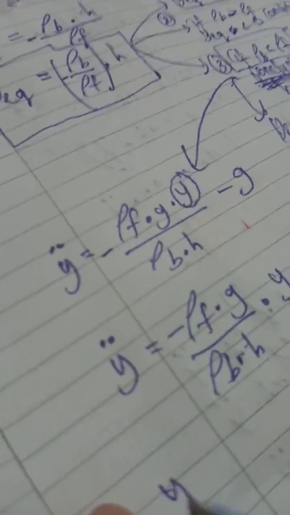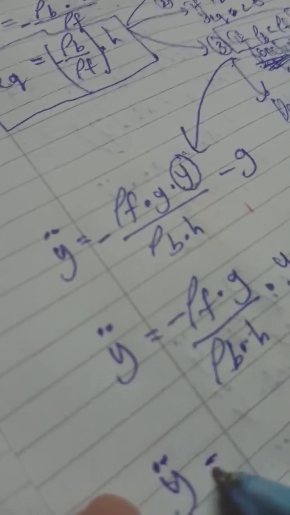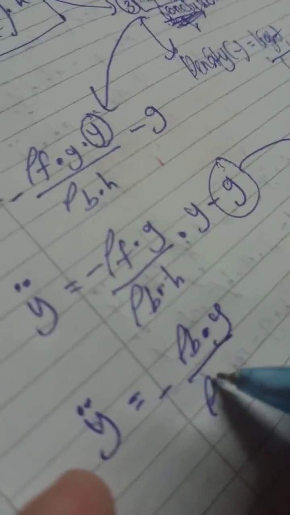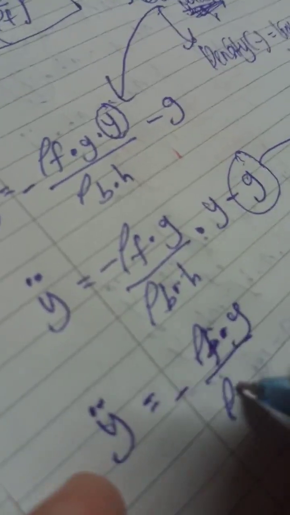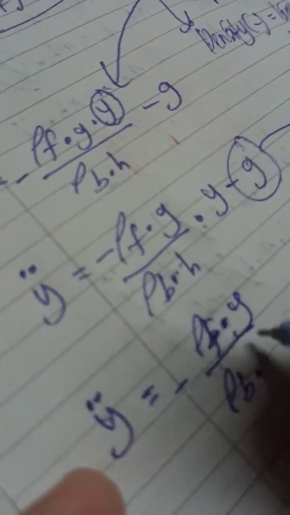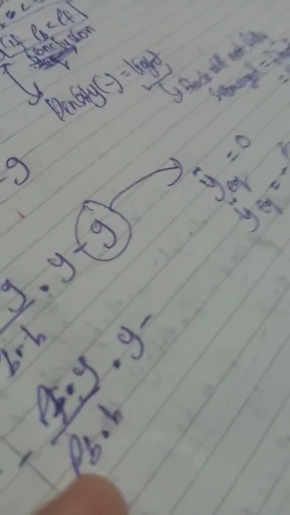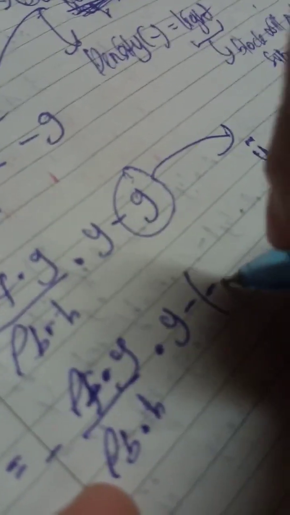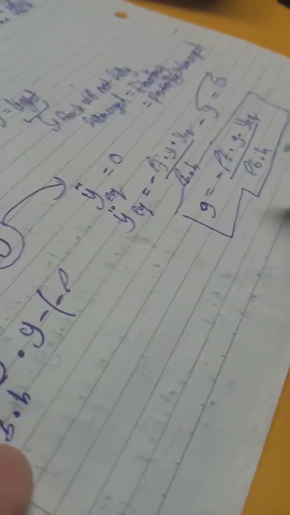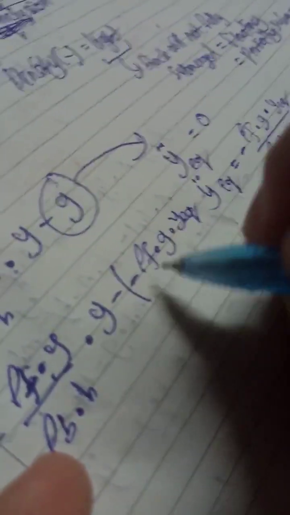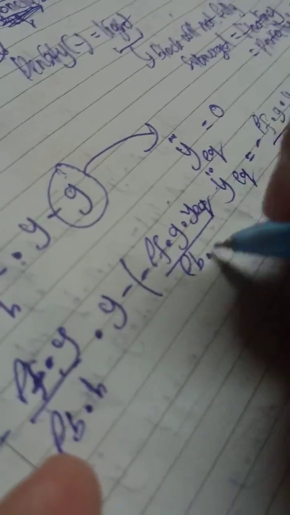So y double dot is equal to negative rho f times g over rho b times h times y, minus this one, minus rho f times g times y equilibrium over rho b times h.